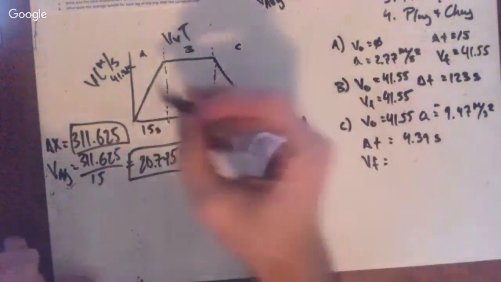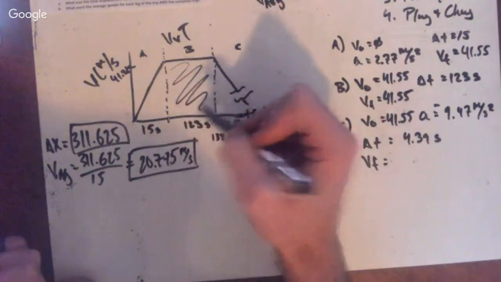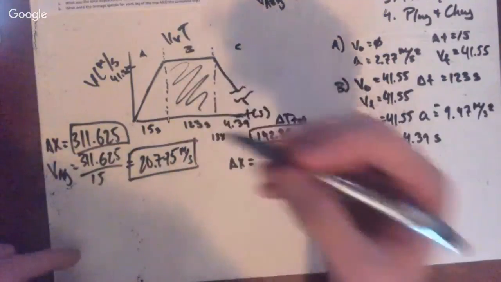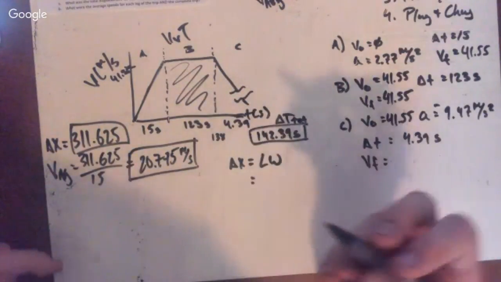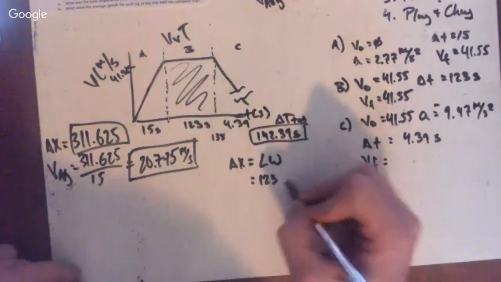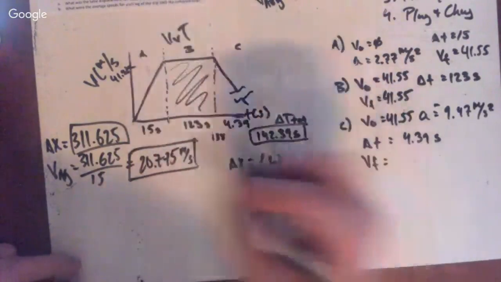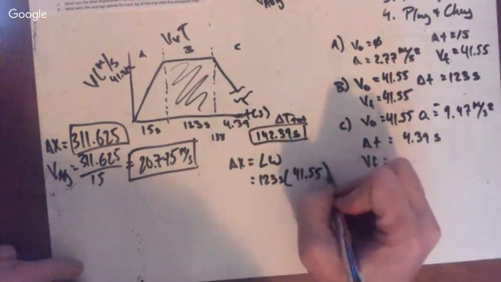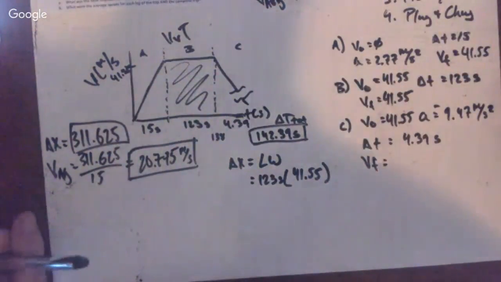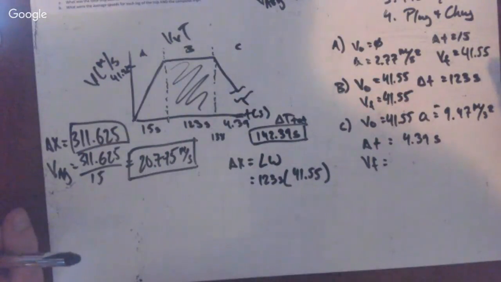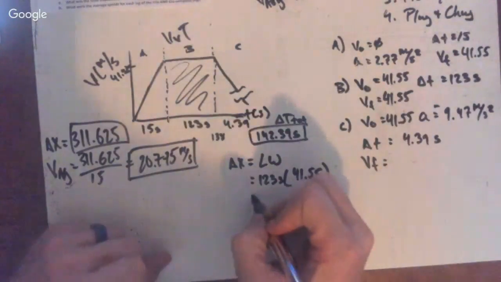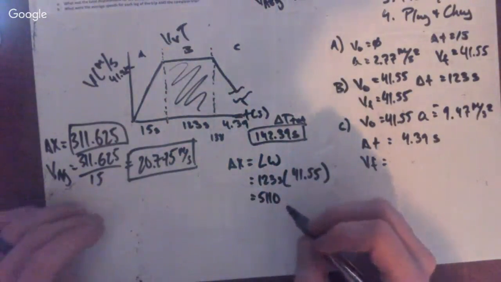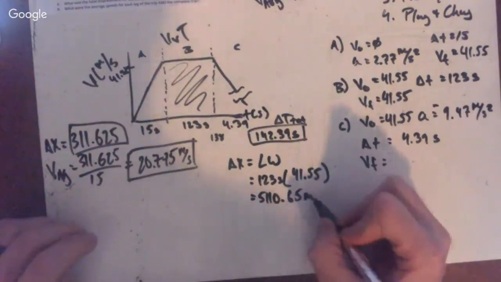Okay, now for this part right here, it's a rectangle. So our delta x is going to be the area of that rectangle, or length times width. For this one, our width is 123 seconds, and our height is, again, our velocity over here. So it's 41.55. And our total distance over that period is 5111.65 meters.